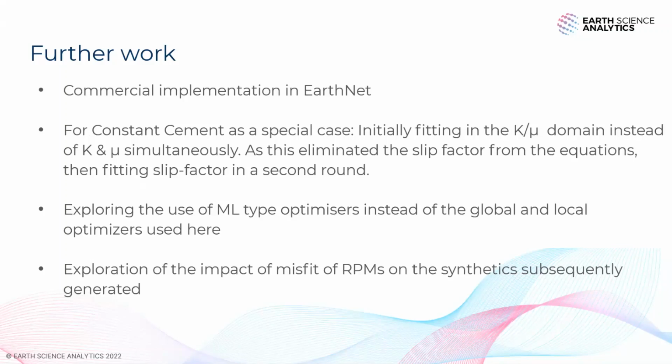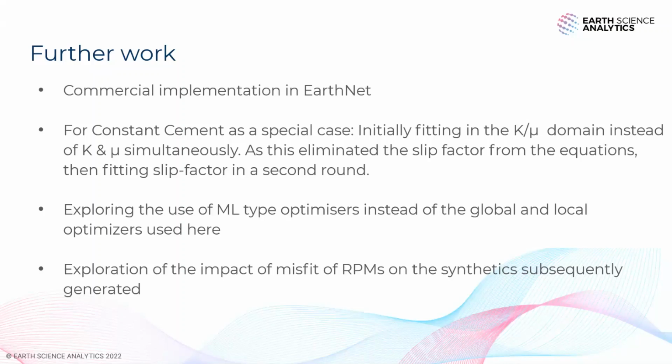For constant cement as a special case, it was recommended at the end of the EAGE version of this presentation, Parav Seth suggested that we fit in the K divided by mu domain instead, because that eliminates the slip factor from the equations. It cancels it out in the calculation. And so if we fit in K over mu, instead of doing a 2-domain 5-dimensional fit, we end up doing a 1-domain 4-dimensional fit.